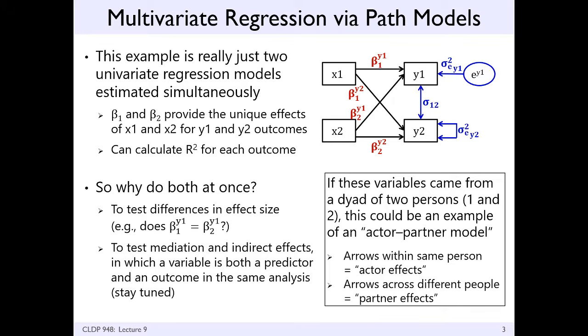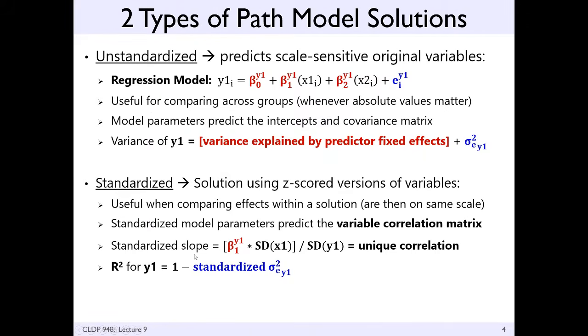Multivariate means more than one outcome at a time. We also need to do more than one outcome in the same model to test indirect effects in terms of mediation.